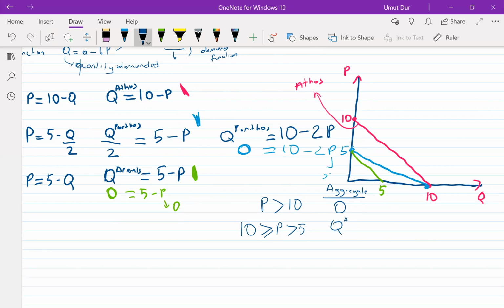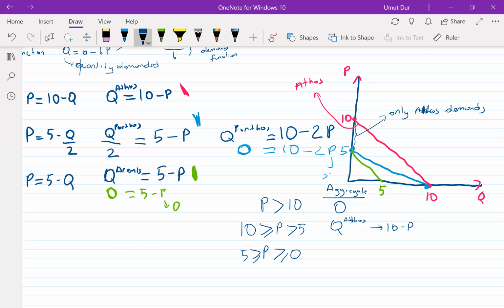So it is q atos, which is in fact 10 minus p, because in this region only atos demands. Excellent.